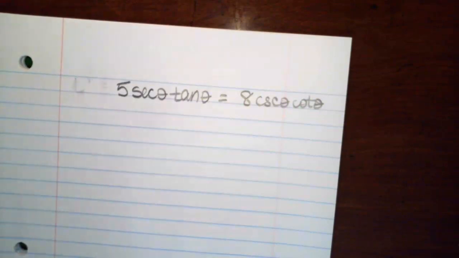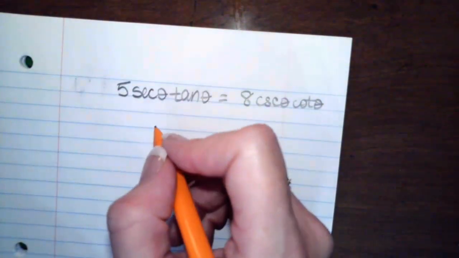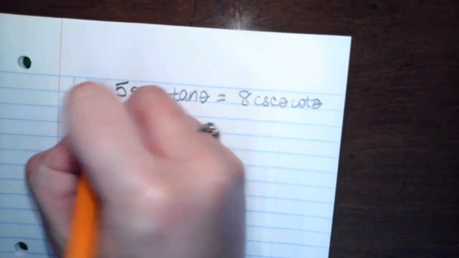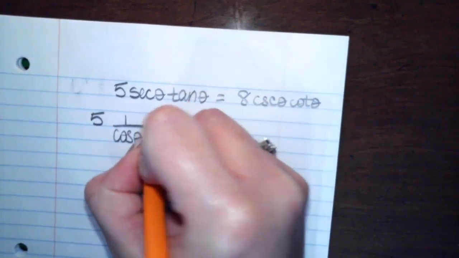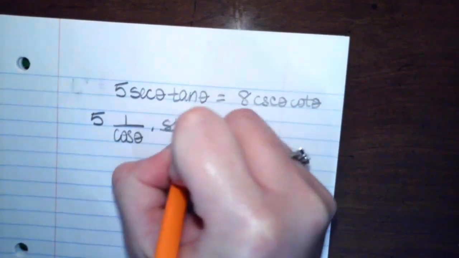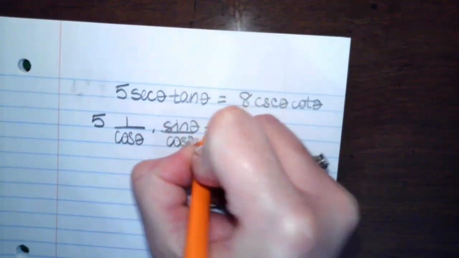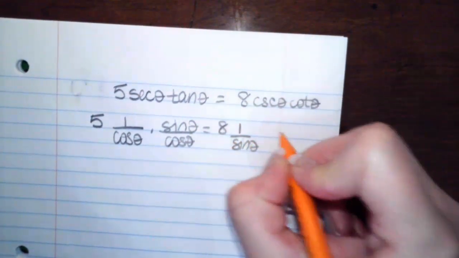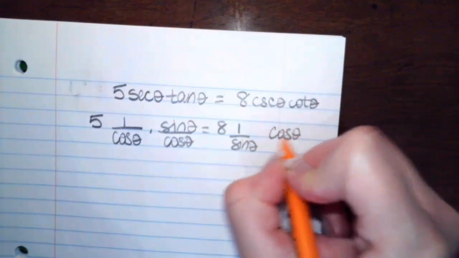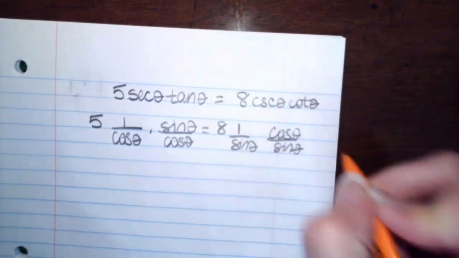Okay, so setting this equal to 0, I add that over, and now I'm going to rewrite these things in terms of sine and cosine. Secant is the same thing as 1 over cosine. Tangent is the same thing as sine theta over cosine theta. Cosecant is the same thing as 1 over sine theta. And cotangent is the same thing as cosine theta over sine theta.